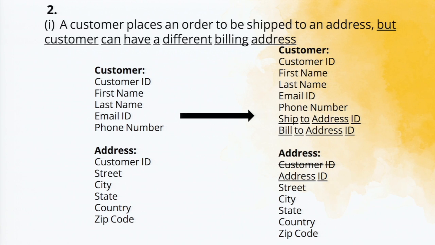So the Creator tool allows you to split that information. Now you can see the address has been liberated from the customer, and you can attach multiple shipping addresses and a billing address to the customer.